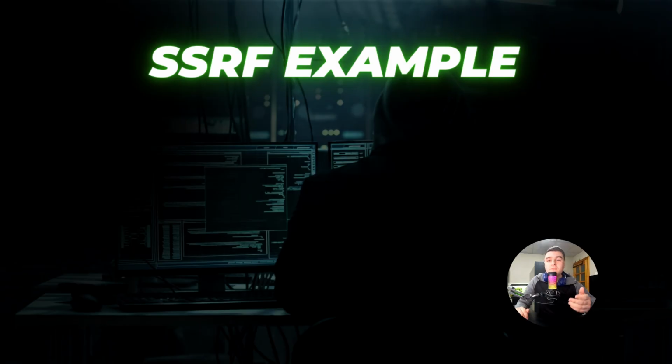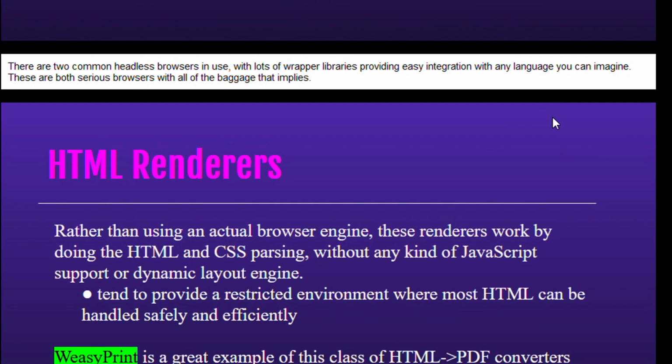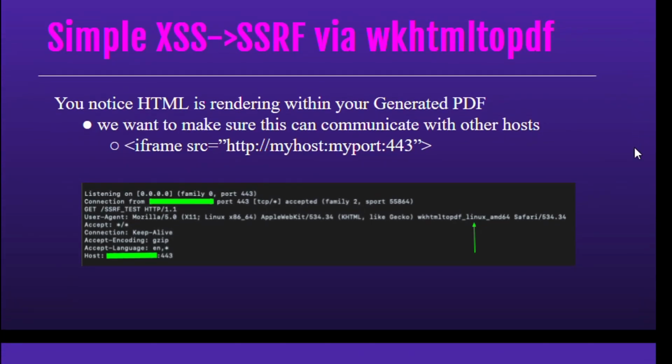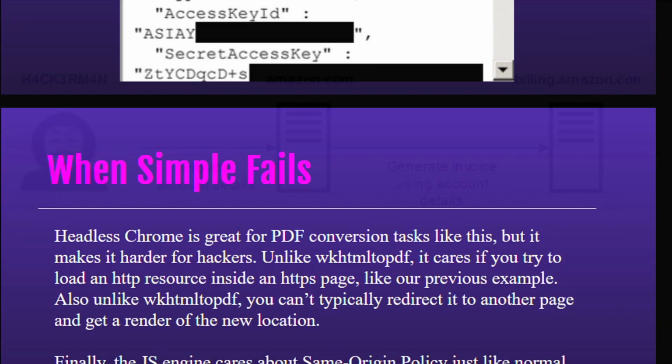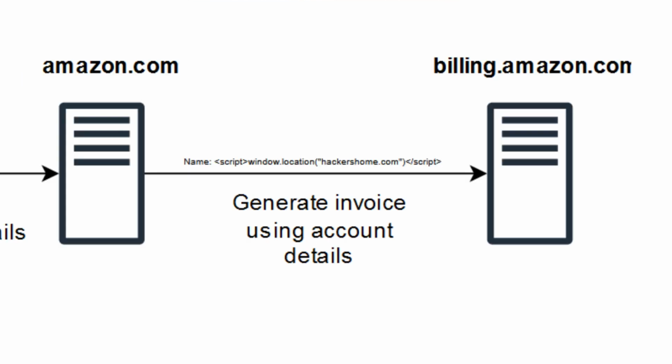A typical example of SSRF is invoice generators. Those were exploited in the wild quite often, and usually the places where you can find these are e-commerce stores. After you make a purchase, for example on Amazon, there might be a backend service responsible for generating an invoice. It will take your user data such as full name, email, maybe your address, and the backend service might use that data to create the document.